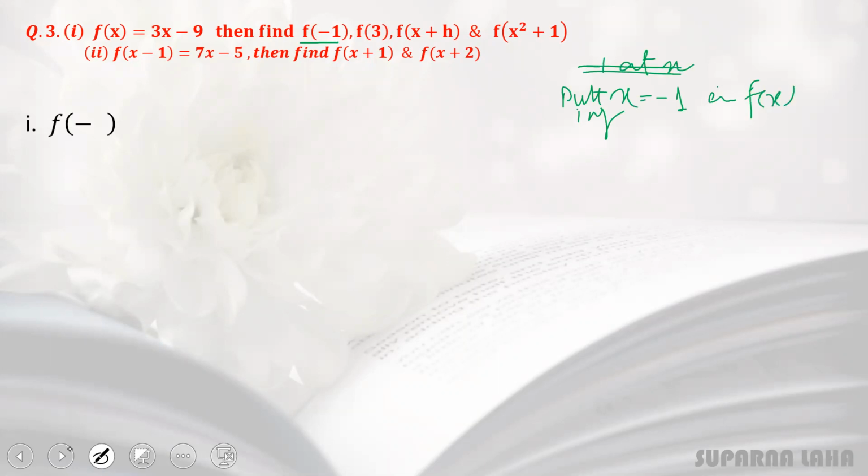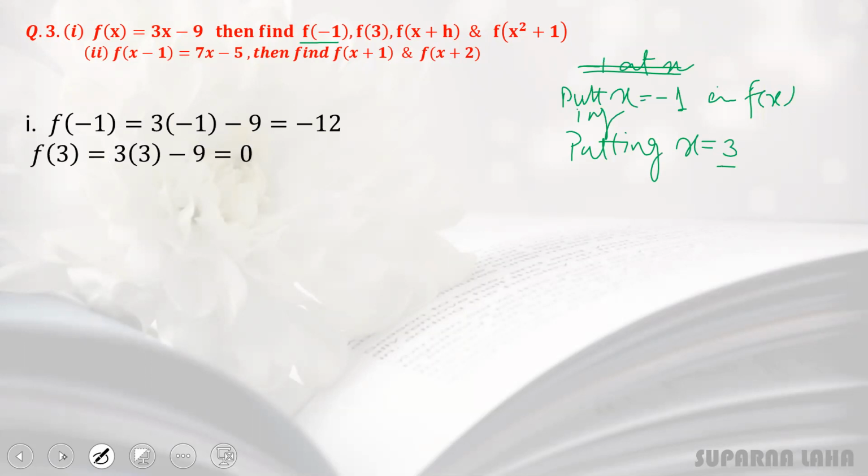So if we put this, we will find 3 into minus 1, minus 9, that is minus 12. Next, putting x equals to 3 in this f of x. So what you will find, f of 3, so 3 into 3 minus 9, that is 0. So f of 3 is 0.